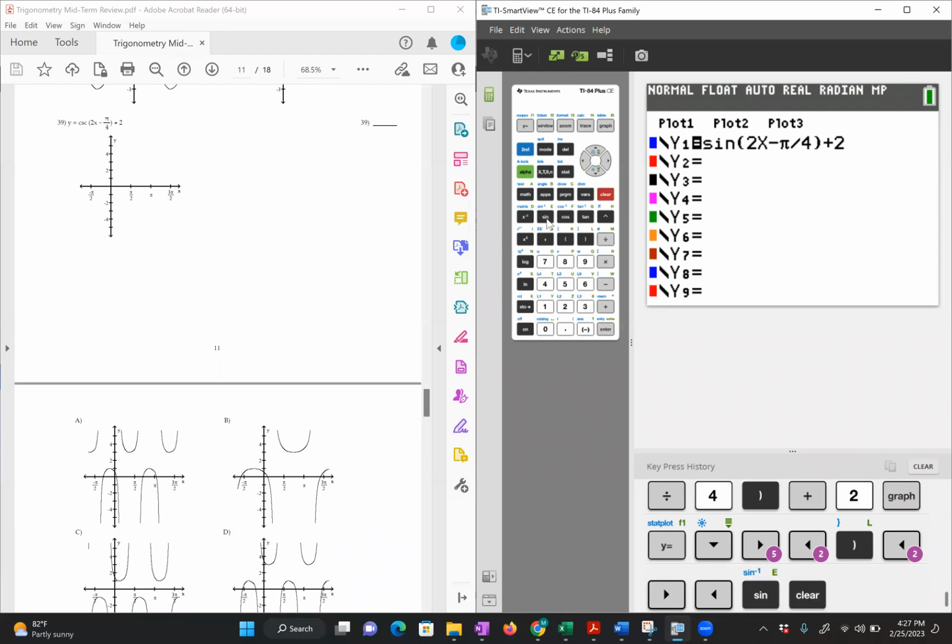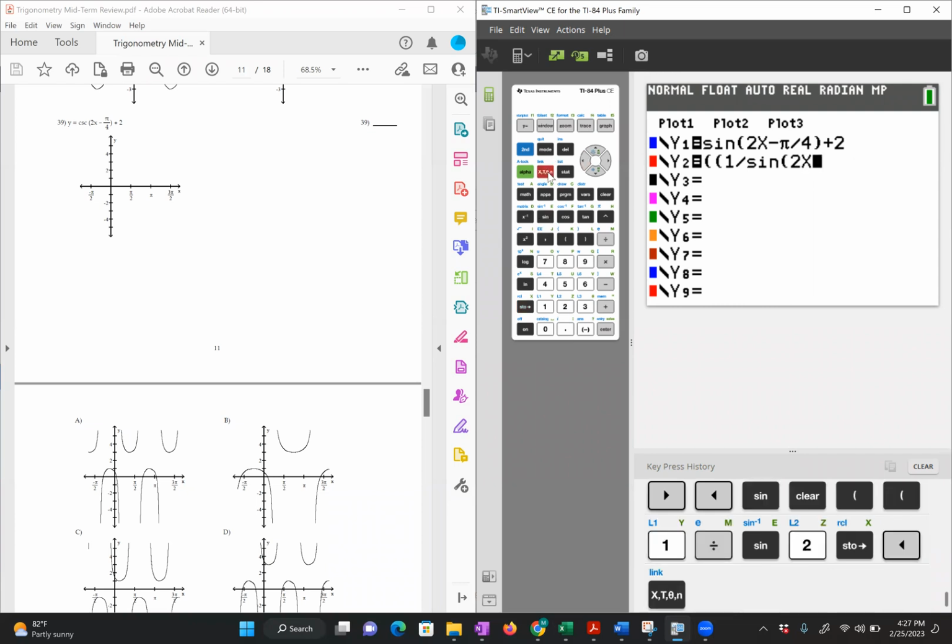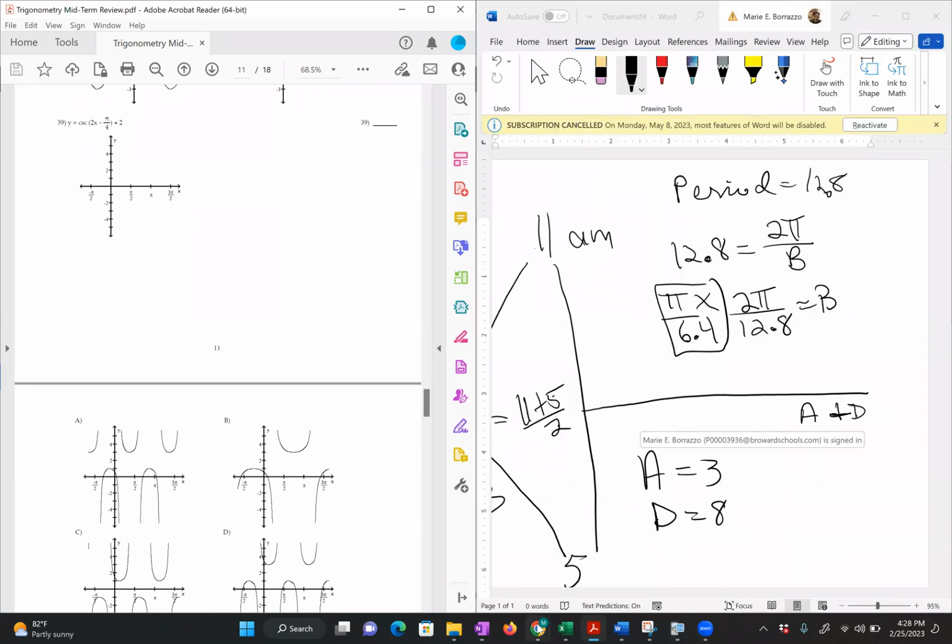Double parentheses, one divide sign, let's try this, 2x minus... okay, the cosecant is getting a little nasty to do. That's why I like GeoGebra. So let's just look at GeoGebra real quick.